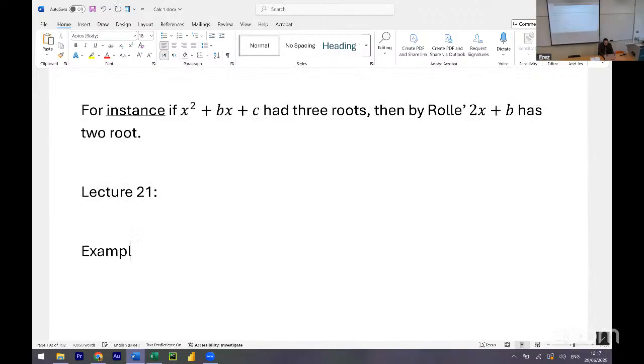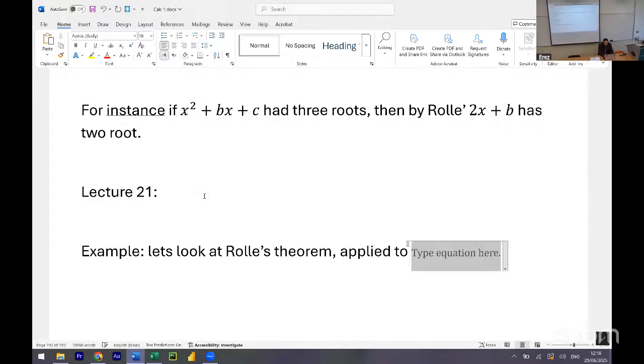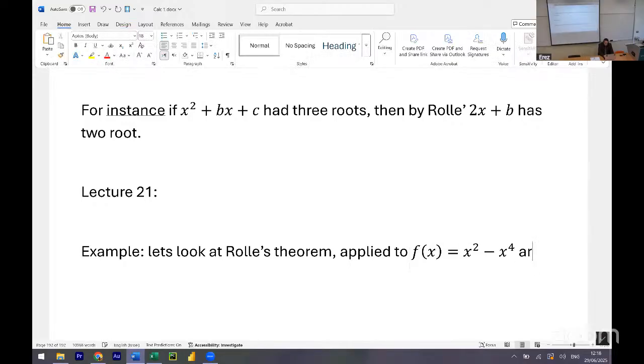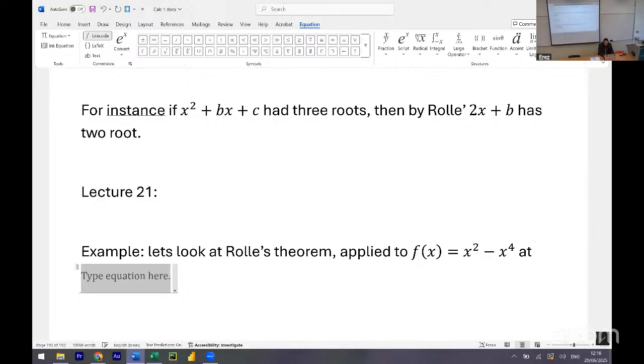Example: let's look at Rolle's theorem applied to f of x equals x squared minus x to the 4th on [0, 1].